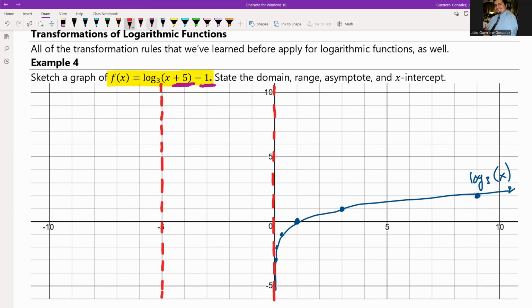I'm going to grab these points exactly. I'm going to re-highlight them in purple so you know what I'm talking about. Those points, I'm going to move them to the left 5, down 1.